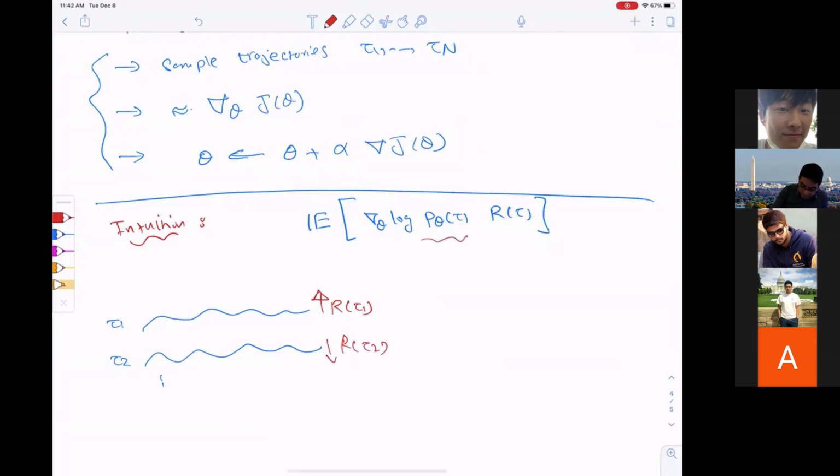Therefore, the gradients are multiplied by the rewards. The larger the reward associated to that trajectory is, the contribution of that gradient to your model update is going to be larger, because it's a weighted average.